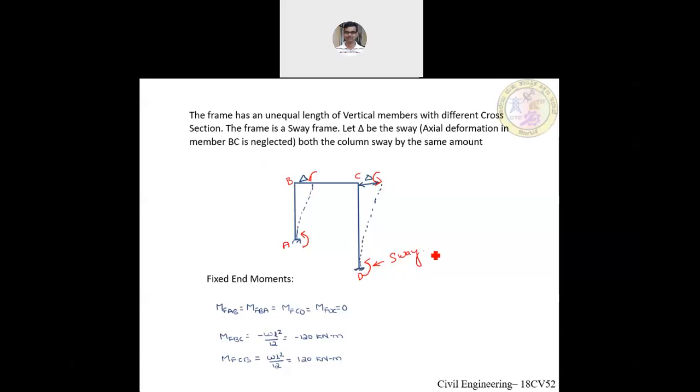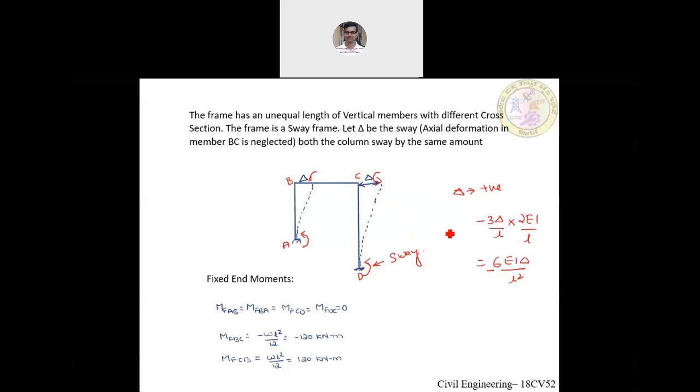Now, whatever moments get generated because of the sway are in the anti-clockwise direction. So this minus delta value is taken as positive, because we need to retain this minus 3 delta by L as it is, which gets multiplied by 2EI by L, which is going to be equal to minus 6EI delta by L square.